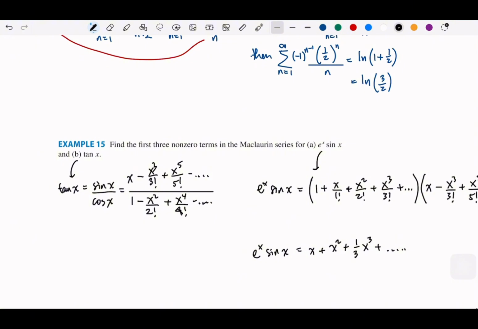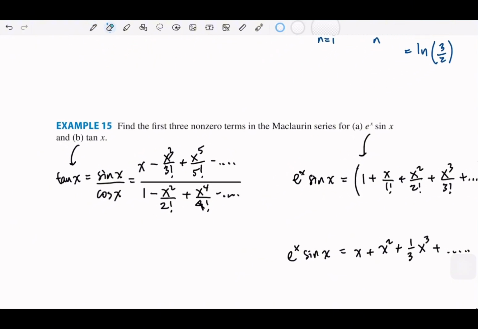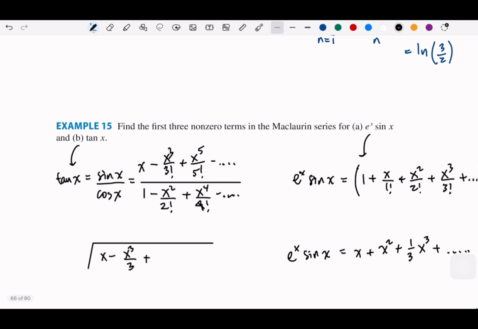And to get through the divisions, you can take the long division. So this will be x to the power of 5 over 120, these 5 factorials. And this will be 1 minus x squared over 2 plus 4 factorial is 24, x to the power of 4.